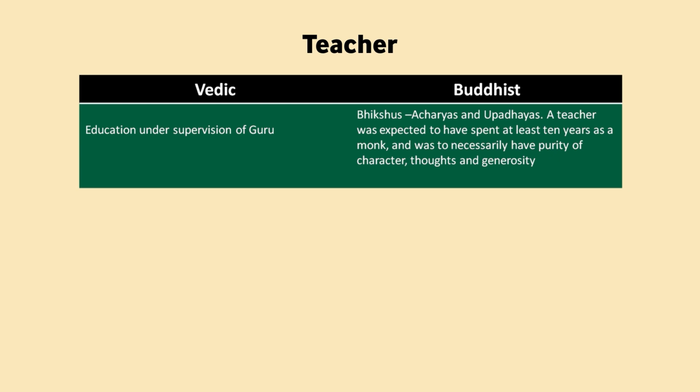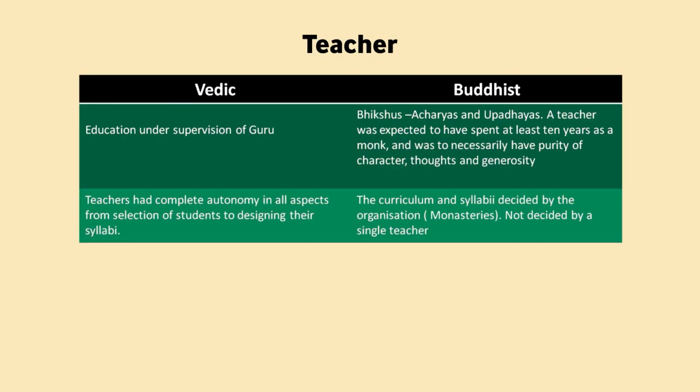And even to become a teacher, a monk or bhikshu was expected to have spent at least 10 years as a monk. They needed to show good character, thoughts and generosity to become an acharya or an upadhyaya. That means not all monks were considered acharyas or upadhyayas during those times.